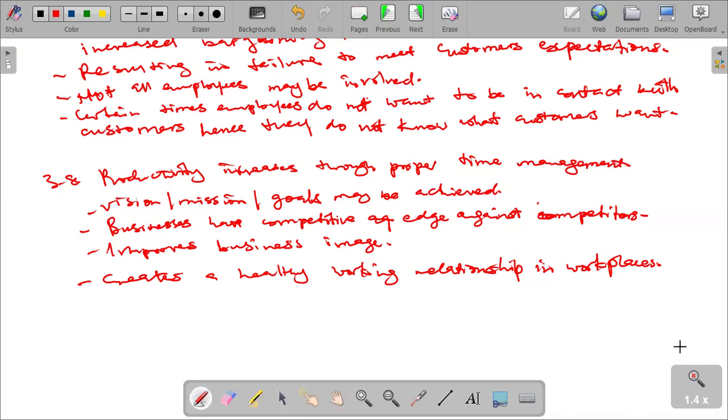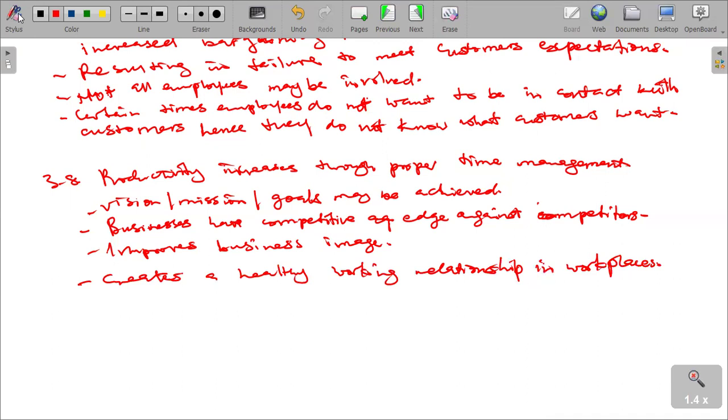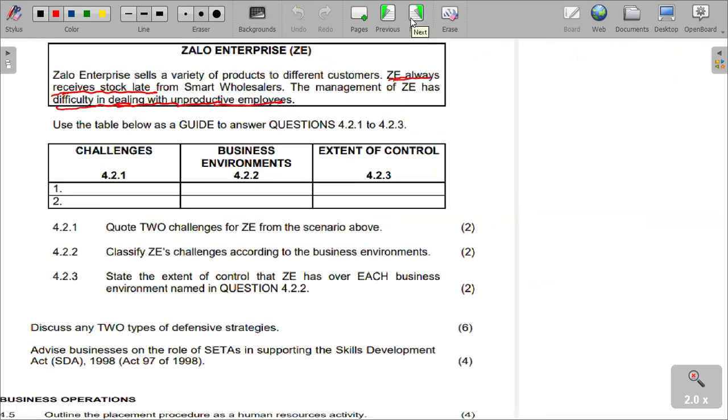These are some of the points that we can add in this context. Having said that, we can just quickly check our next question.